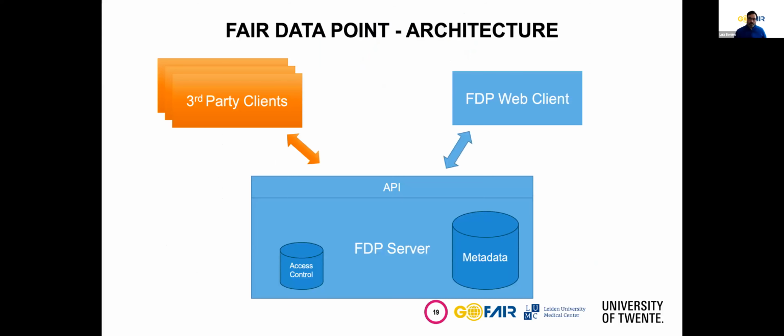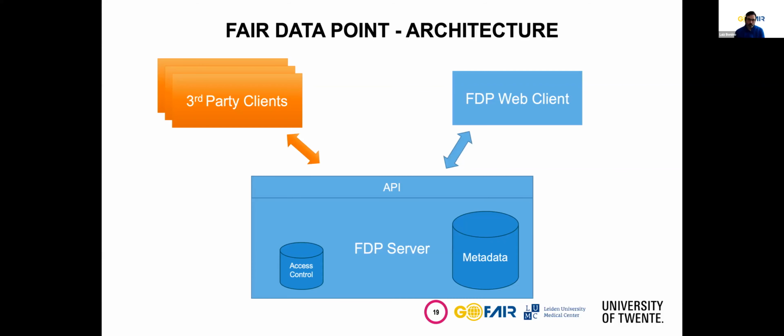So the general architecture is that you have the FAIR Point, let's say a server type of application that stores metadata primarily, and of course for its operation it has some other types of data that it stores.